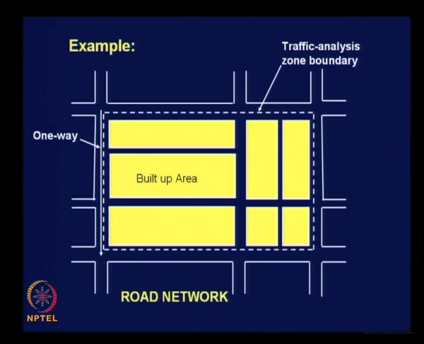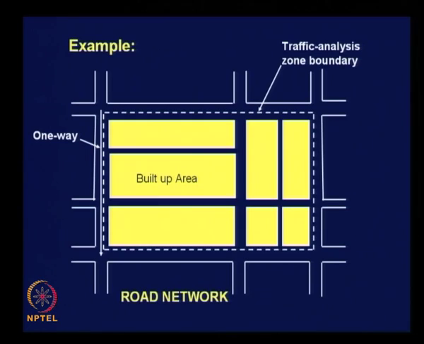Now our interest is what are the roads or links and nodes relevant to this particular traffic zone, that is our question. Please note there are several roads relevant to this zone.